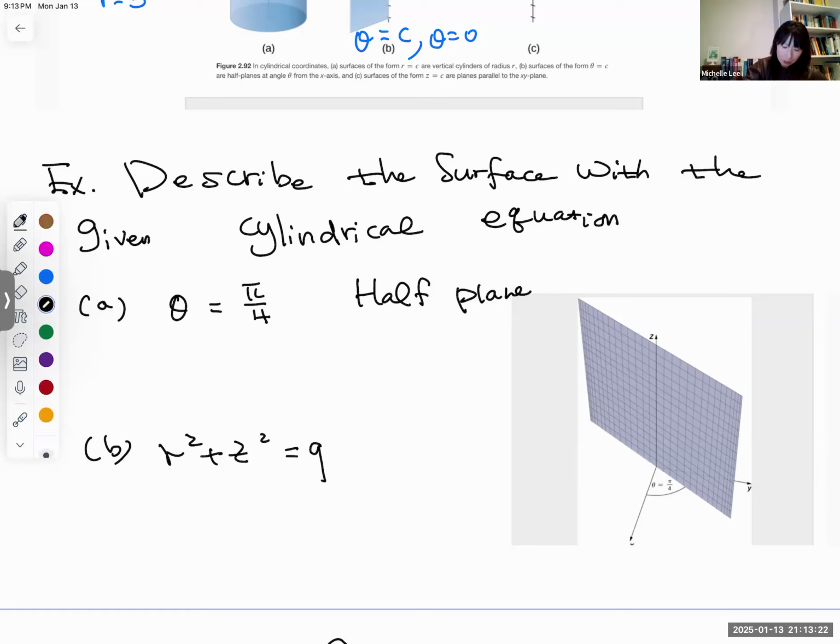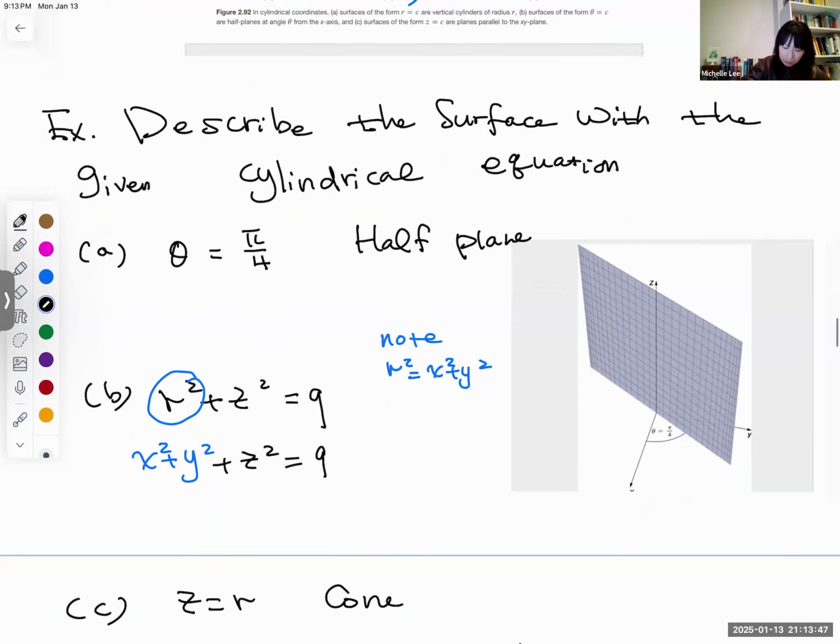Let me write down a note. r squared equal to x squared plus y squared. Now we can express this one as x squared plus y squared plus z squared equal to 9. Now what can you see? Bingo. Very good. This is a sphere, right? Sphere.